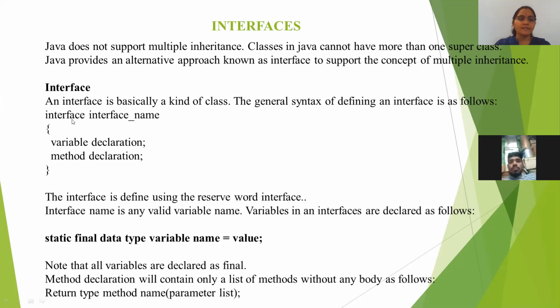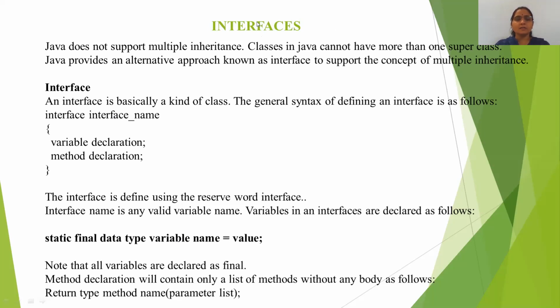Similarly, in case of interface: interface, interface name, and the number of variables and methods that you require for that particular interface. Interface name is a valid variable name, as I already told you. And how are the variables declared in case of interfaces? You see the syntax: static final, data type, variable name equal to value.